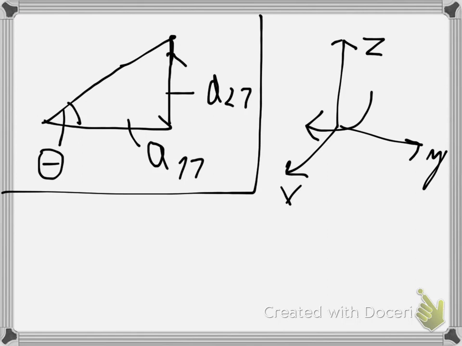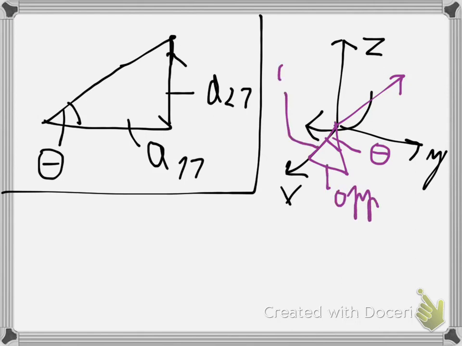We can imagine if we have our vector here, that the x and the y component form a triangle, if we don't consider the z component. So maybe let's draw it this way. You can do trigonometry. Here there will be the angle, here will be the opposite, that will be the adjacent.